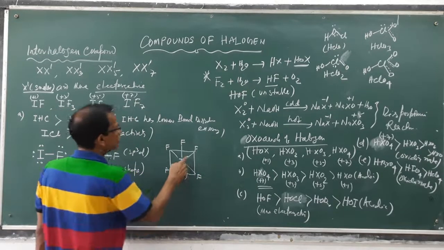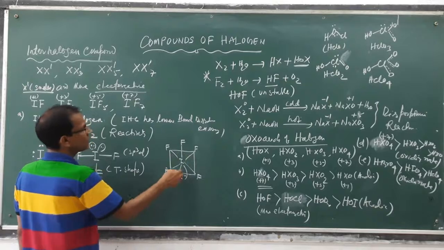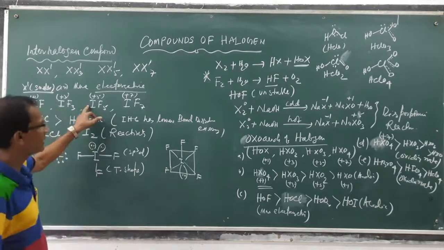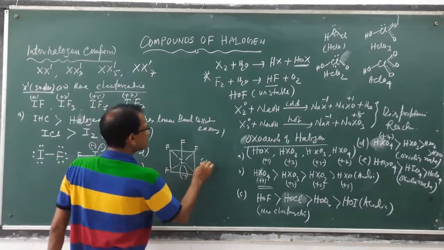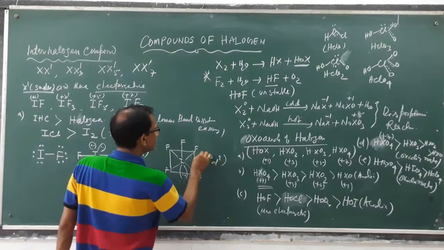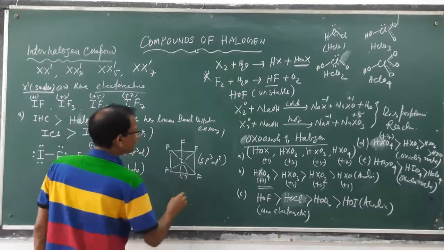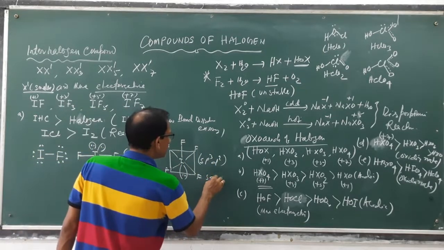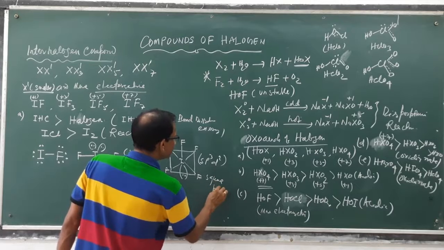The hybridization will be 5 bond pairs and another lone pair, that is sp3d2, and the shape is square pyramidal.